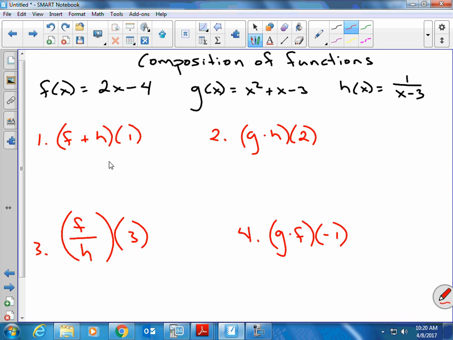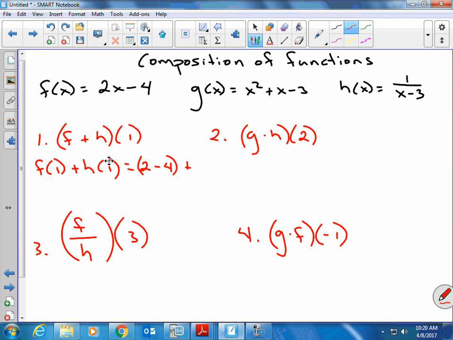F of 1 plus h of 1. I like doing that next step. I like writing it out, just to keep clear what it is we're trying to find. F plus h of 1 means find f of 1, find h of 1, and add them together. So plugging in 1 for x in the f equation, I get that.